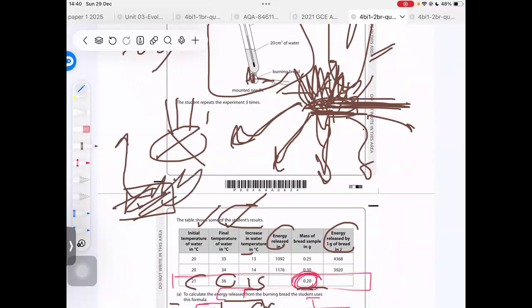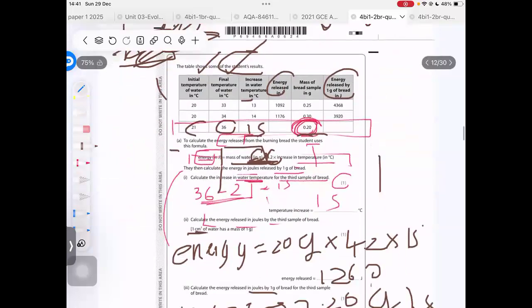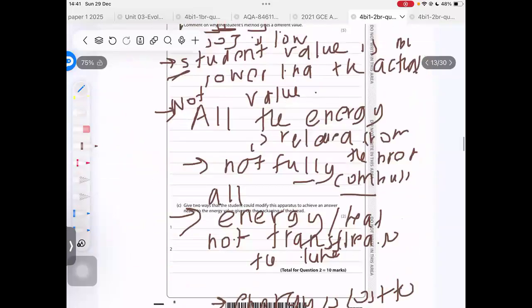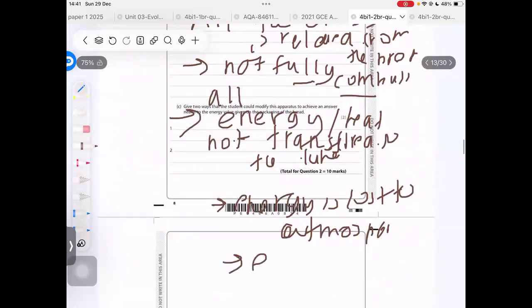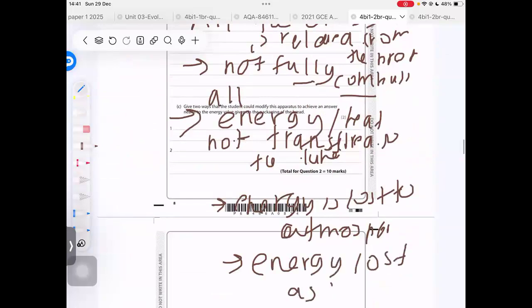So some of the energy might have been given out as light, because when the Bunsen flame is lit up, some of the energy in the glucose molecule is given up as light. Therefore, energy is lost as light also.